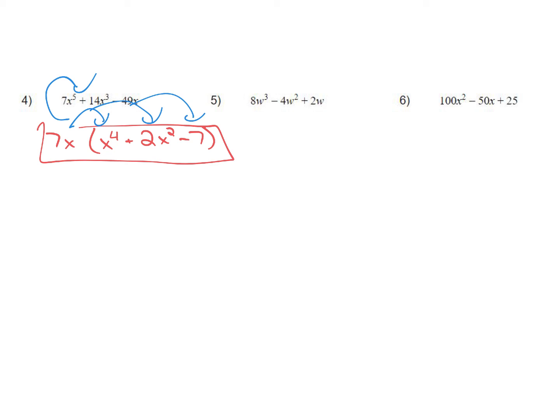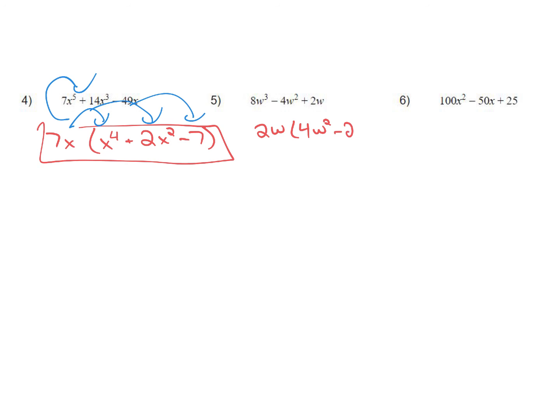Okay, looking at our next one, same deal, 8, 4, and 2. Always look at your smallest number first and say, all right, is everything divisible by 2? In this case, yes, it is. So we know we're going to be able to factor out a 2. Look at your smallest exponent, 2w, and then we work our way through. 8 divided by 2 is 4. Taking away 1 from 3 is 2.